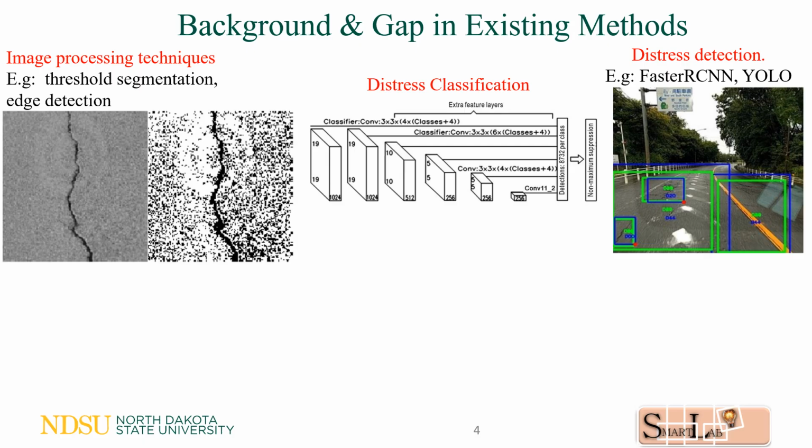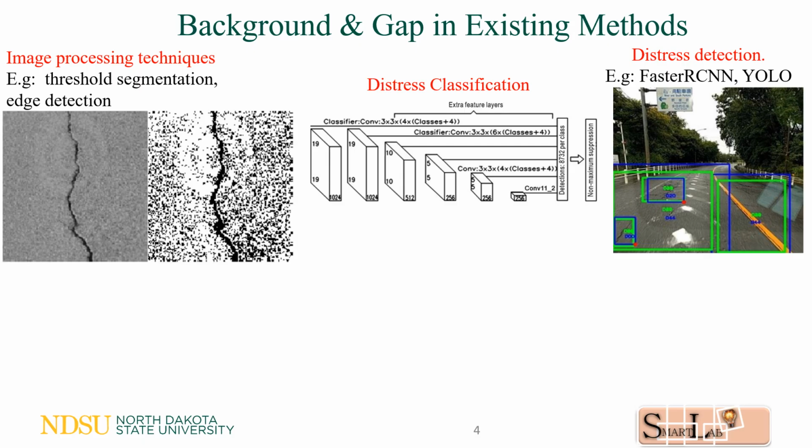However, distress detection still doesn't tell us the geometry of the distresses, or let's say the cracks in the pavement images. It just draws a bounding box around where the distress is located. We don't really know the outlines or the geometry of the distresses or the cracks.